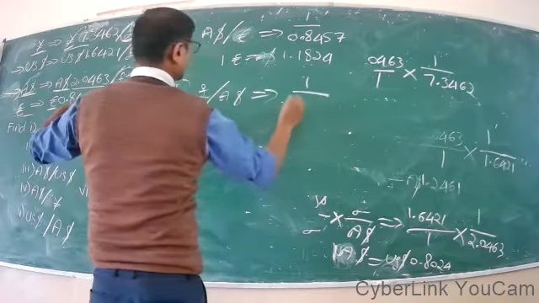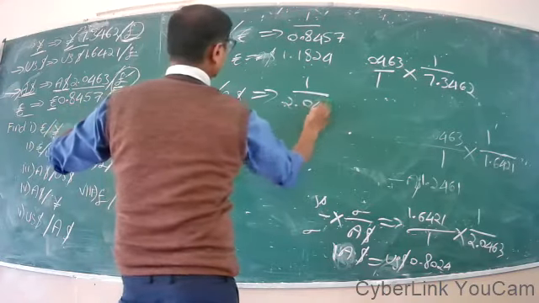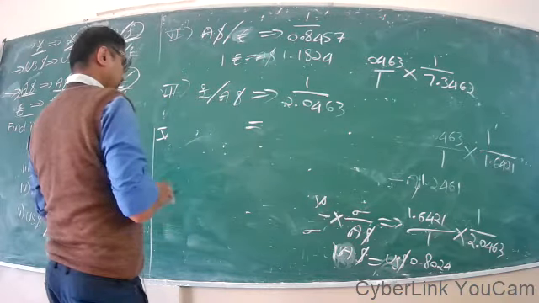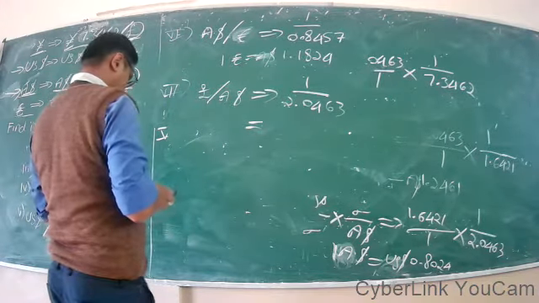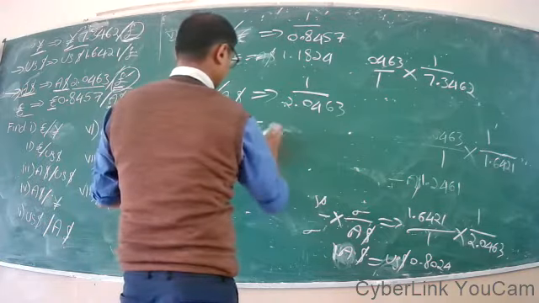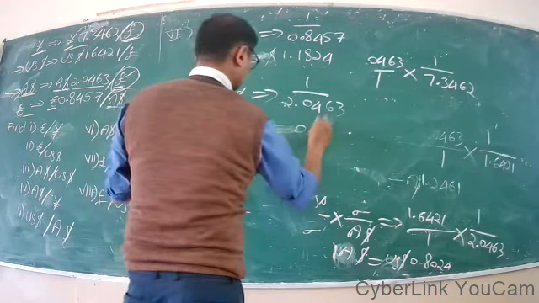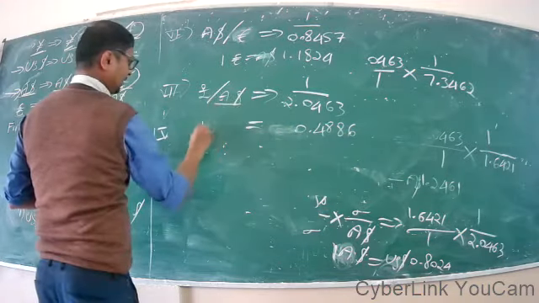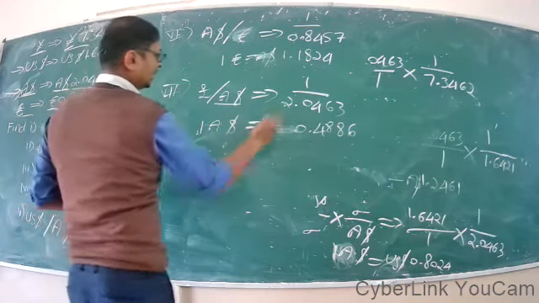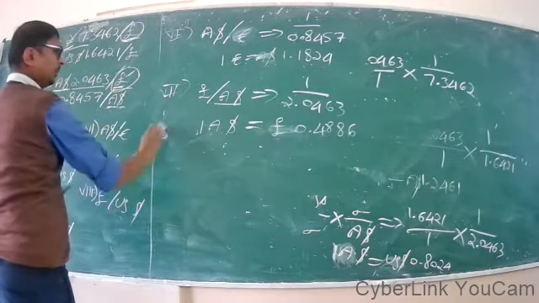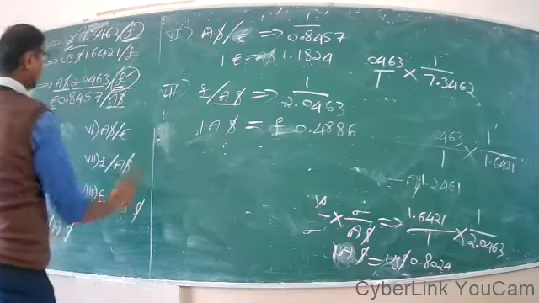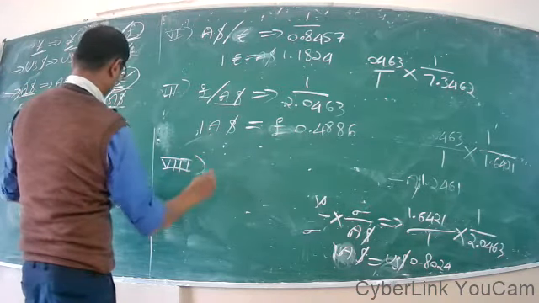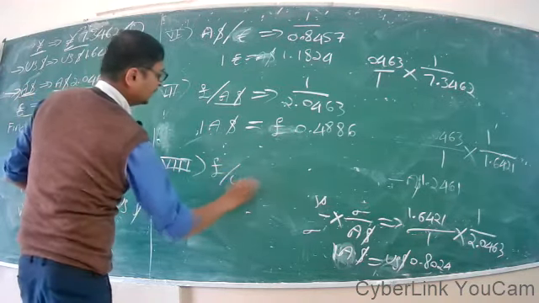Your answer will be 1 by 2.0463. That is, 1 Australian dollar is equal to sterling pound 0.4886. And the last question they are asking, the eighth one, sterling pound per US dollar.